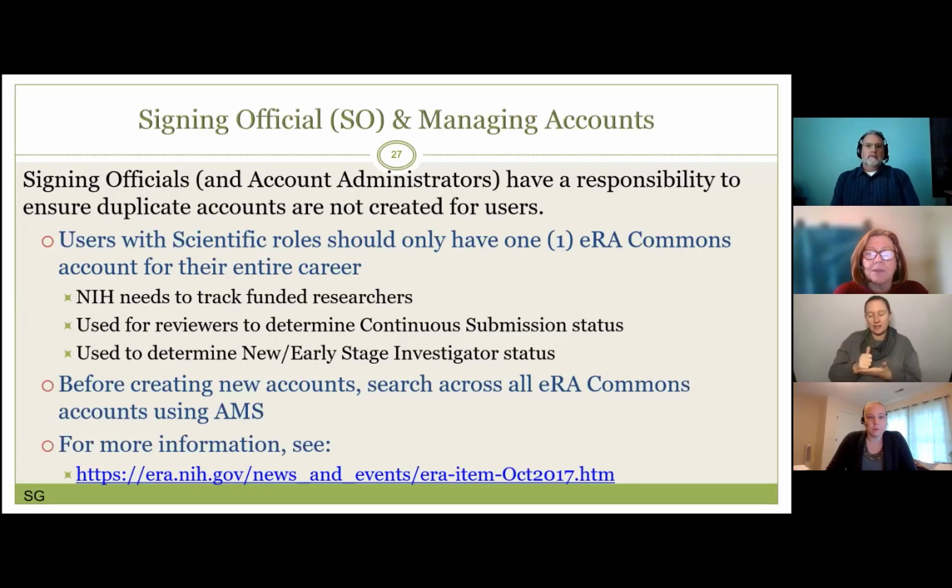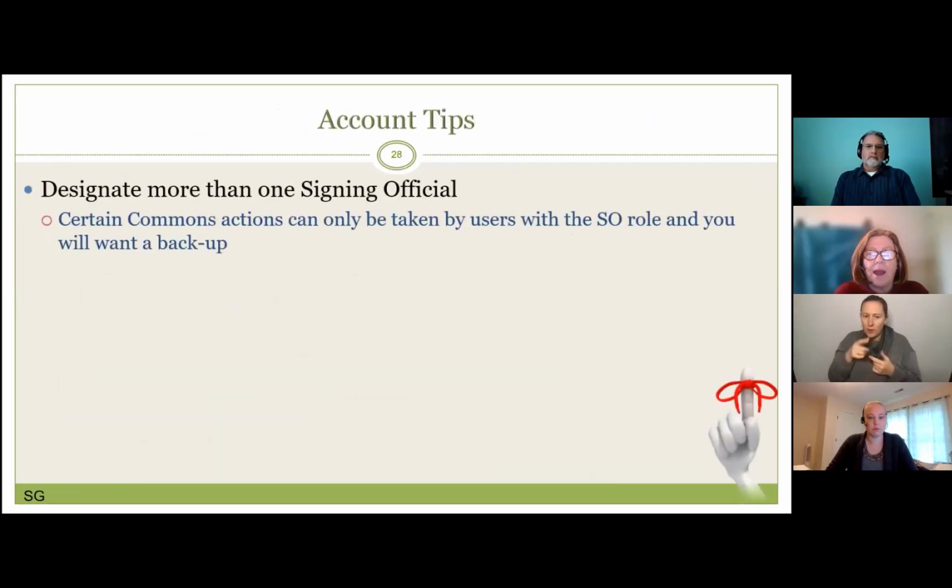The good news is as we move to two-factor authentication in the near future, we're going to stop worrying about signing officials and scientists being on the same account. We're also going to have one account for everybody. But for now, we're still going to ask if you have a signing official account and a principal investigator account, those live in different accounts.